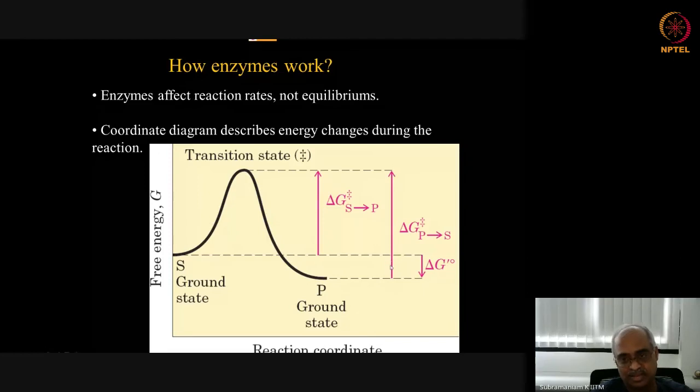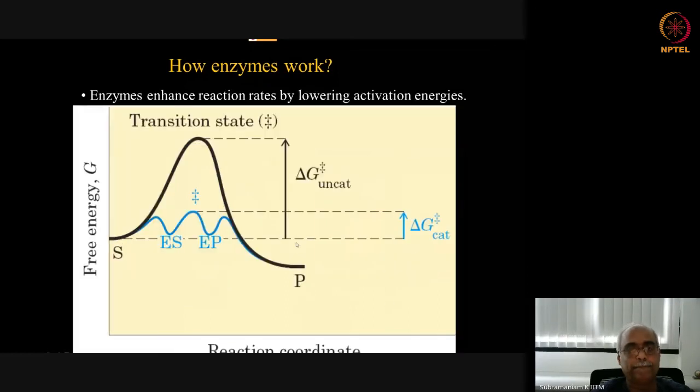So this is another factor we need to remember, and this is the actual difference between the substrate and product. In this, what the enzymes do is they reduce this activation energy. So in an energy sense, the answer to how enzymes work is that they reduce the activation energy.